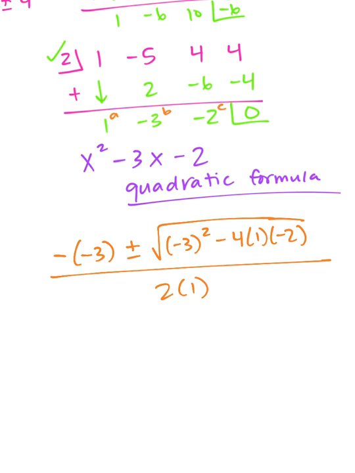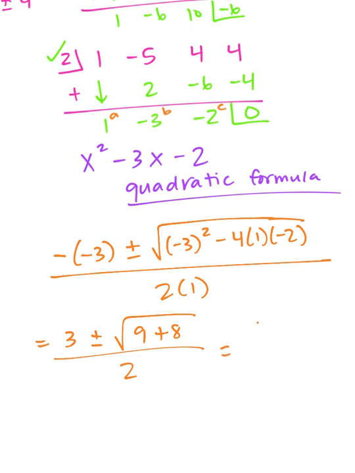Now I'm going to start cleaning it up. Negative times a negative is positive. -3 squared is 9. -4 times 1 times -2 is 8. And then 2 times 1 is 2.